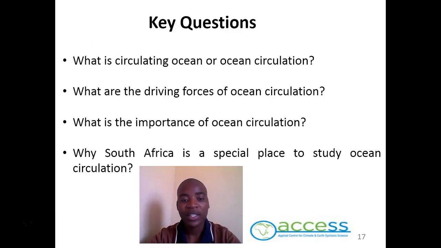What is the importance of ocean circulation? It brings upwelling, and it also regulates our weather patterns. Why is South Africa such a special place to study ocean circulation? It is because South Africa is the only country where a warm ocean meets a cold ocean.